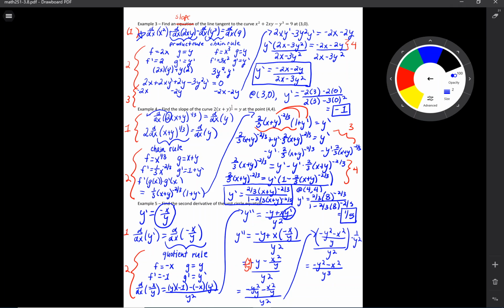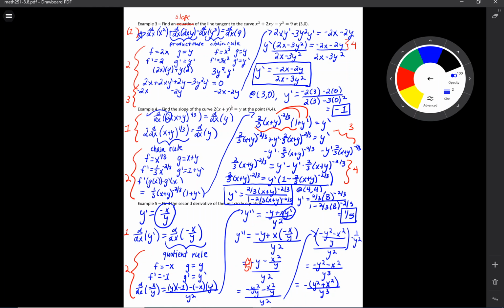And we are almost done. You could leave it like this, but there is one more trick up our sleeves. Remember, this is the unit circle. The unit circle says x squared plus y squared equals 1, right? So if I factor out a negative on the top, I get y squared plus x squared. And the unit circle says x squared plus y squared equals 1.